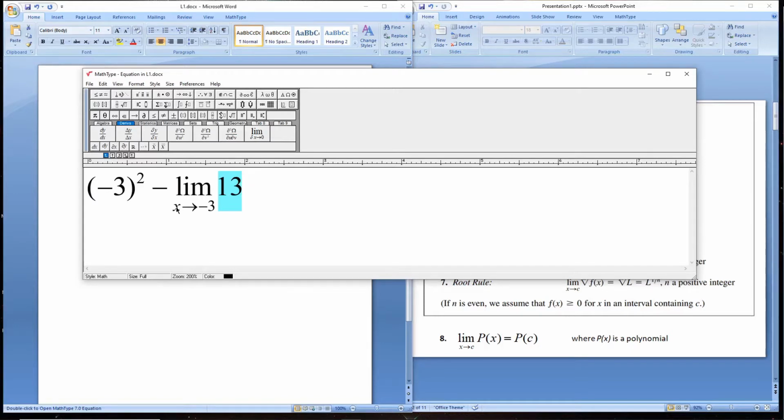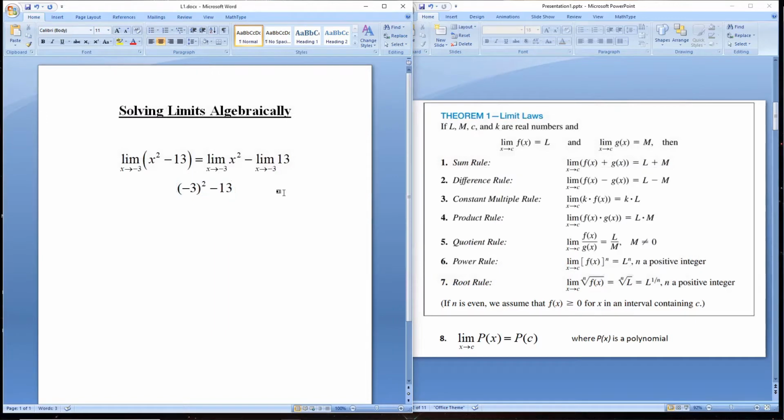The limit of a constant is always that constant because it never changes. So it doesn't matter what x goes to. There's no x in a constant function because it doesn't change. And so the limit of something that doesn't change is just that thing that's not changing. So the limit of a constant is always that constant. And so there are the numbers we have.